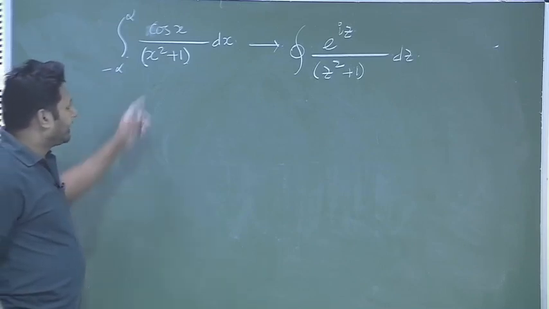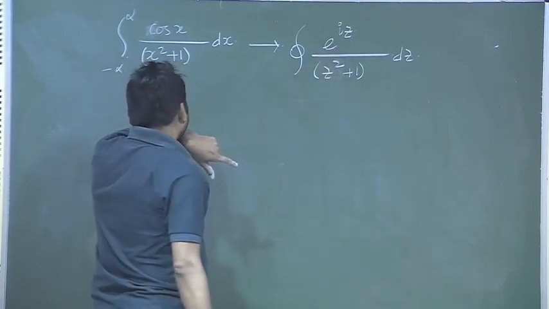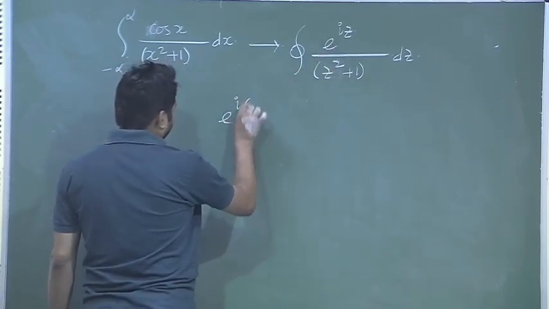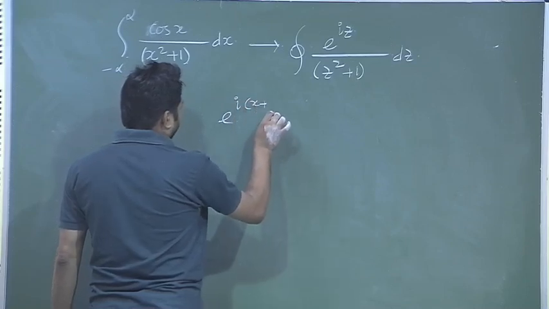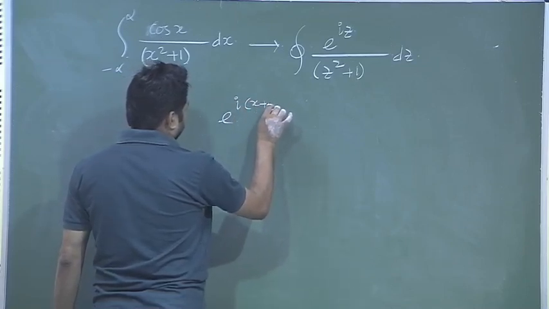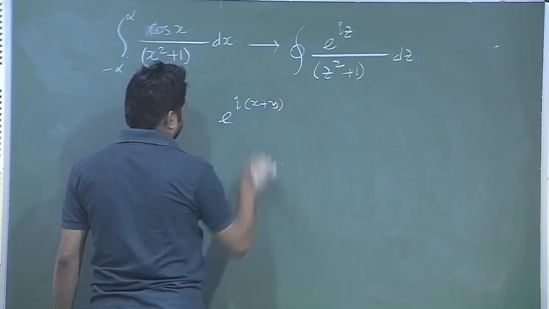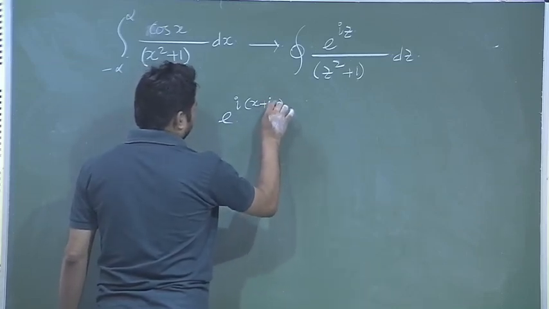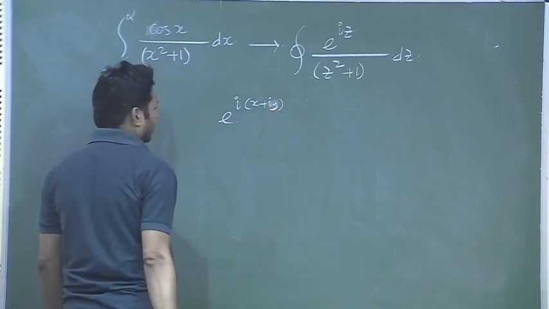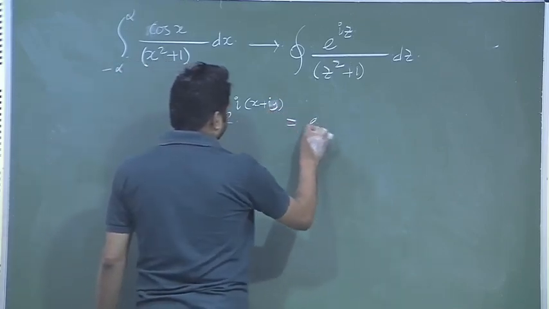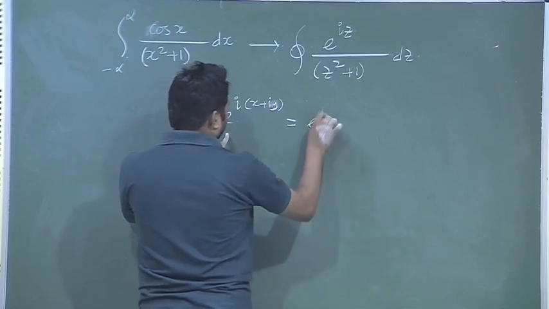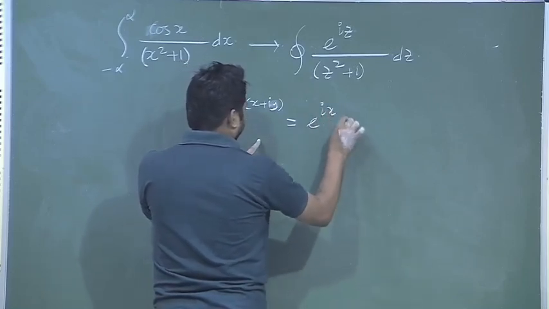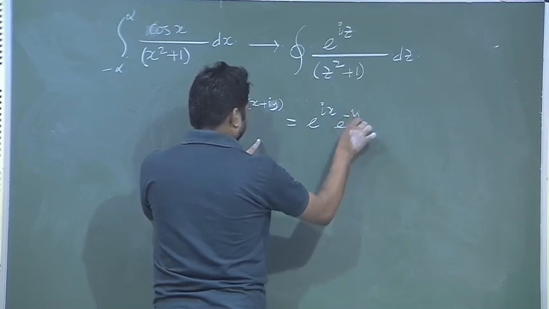So, why do I write this e to the power i z for cos z? If I do e to the power of i times z, where z is x plus i y, it will be e to the power of i x multiplied by e to the power of minus y.